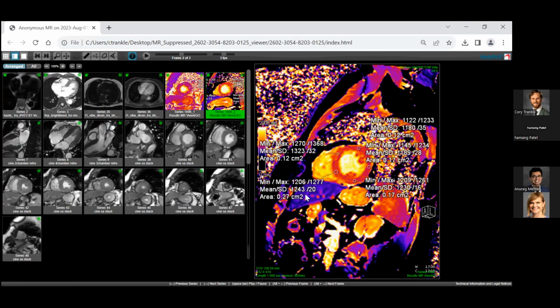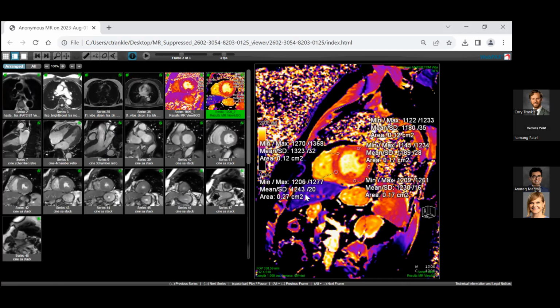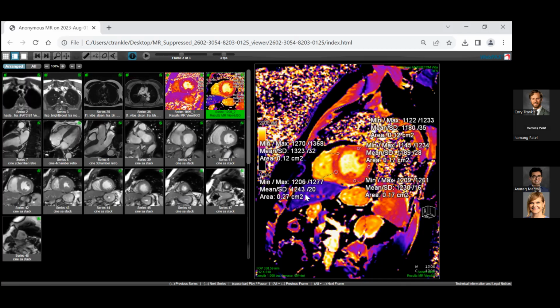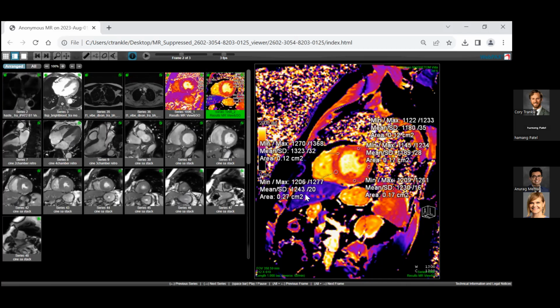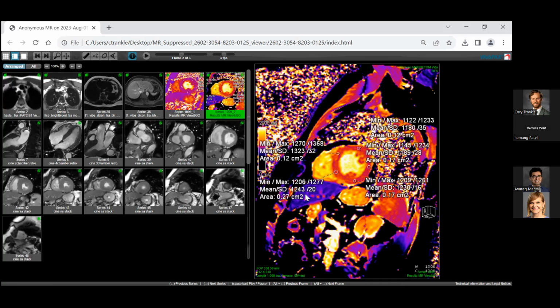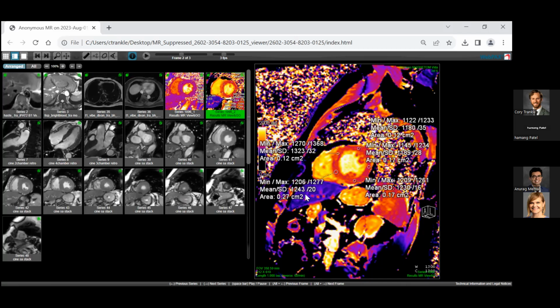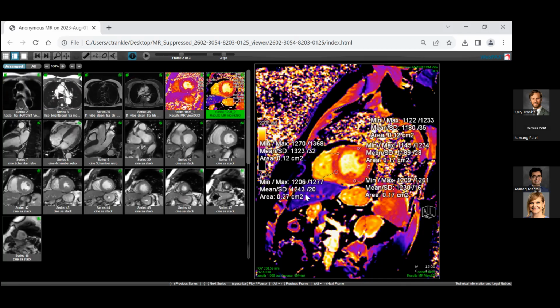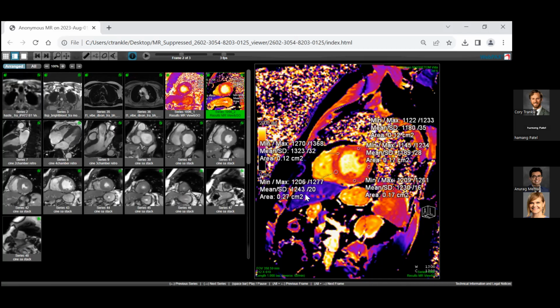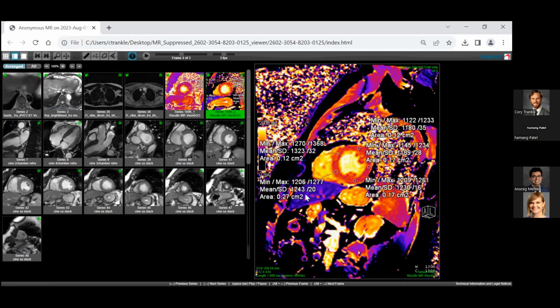And as we get older, so 50 to 80 years old, that number is going to push up to 73% myocytes and 27% extracellular space, and these T1 values climb to around 1,200.